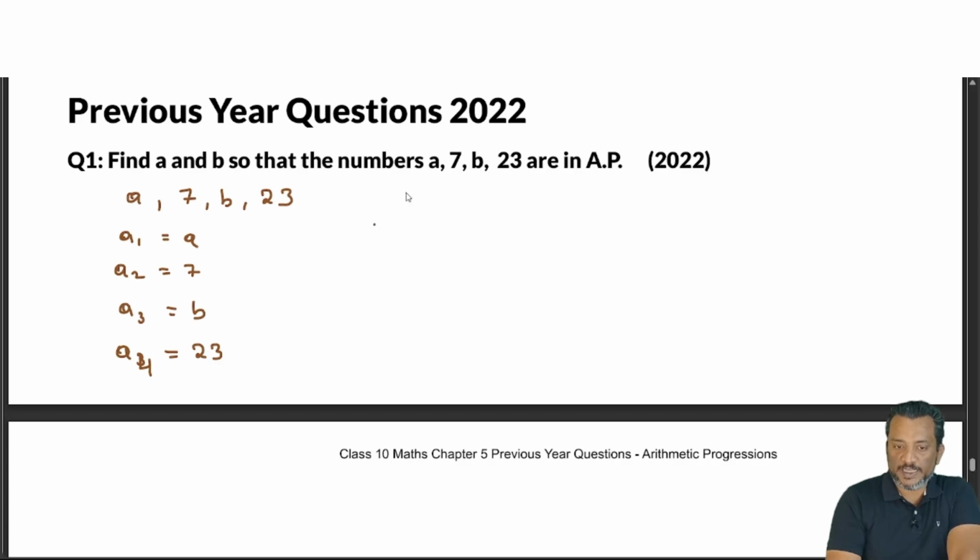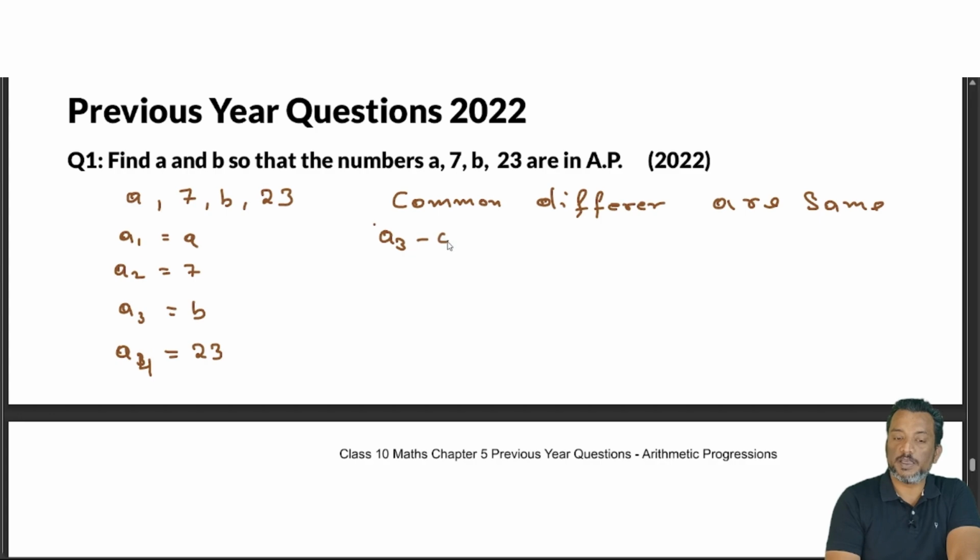So we can say the common differences are the same. So here we can say A3 minus A2 is equal to A4 minus A3. So how much do you have?